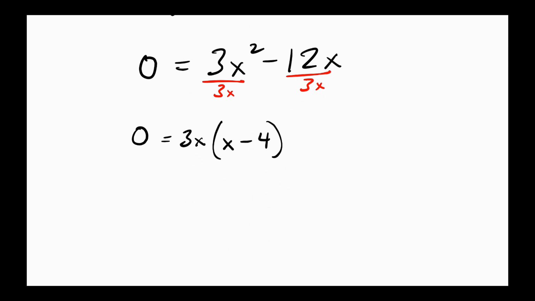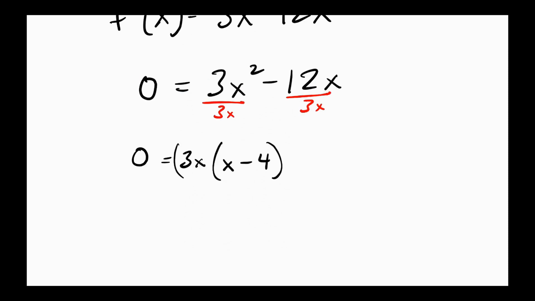Okay, how does that help me solve for x? What am I going to do now? Some of you guys are doing it because you already know this. Help me out. What do I do? How do I solve for x? What do I do next? There you go. Set them equal to 0. Zero product property.